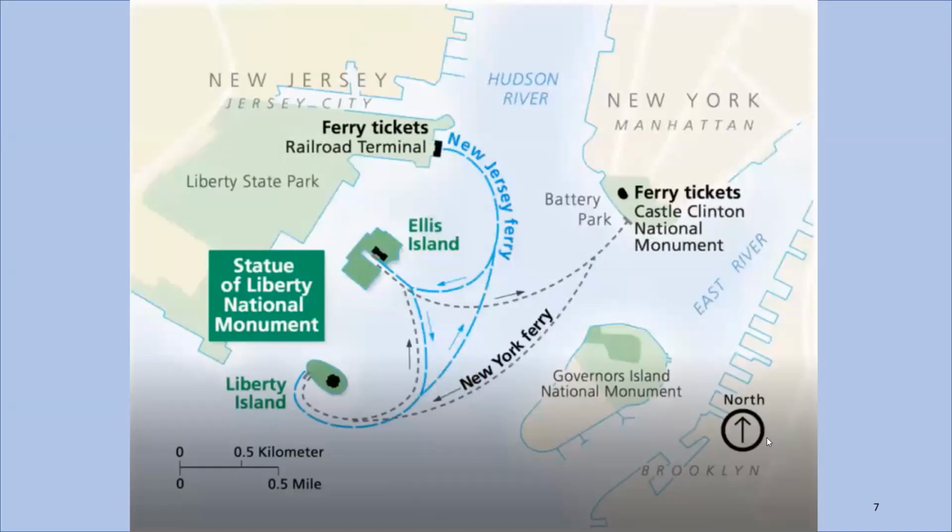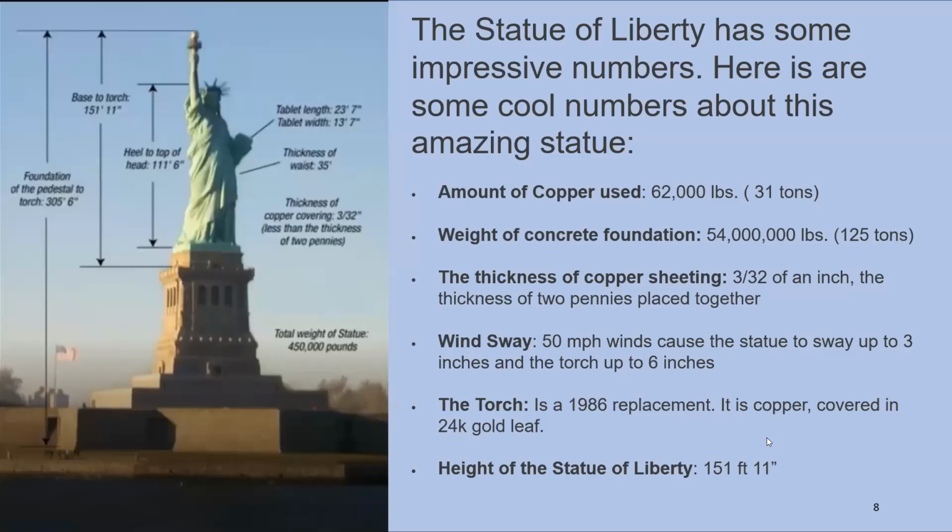So let's go on and talk about some of the statistics of the statue. It's mostly hollow inside. The total weight of the statue is about 450,000 pounds. You'll see that it's 151 feet and 11 inches from the base to the torch.